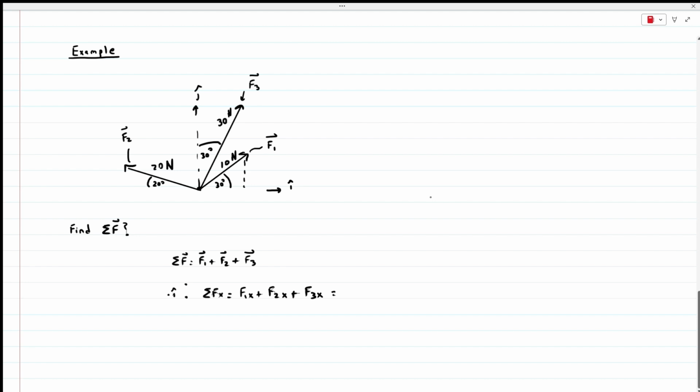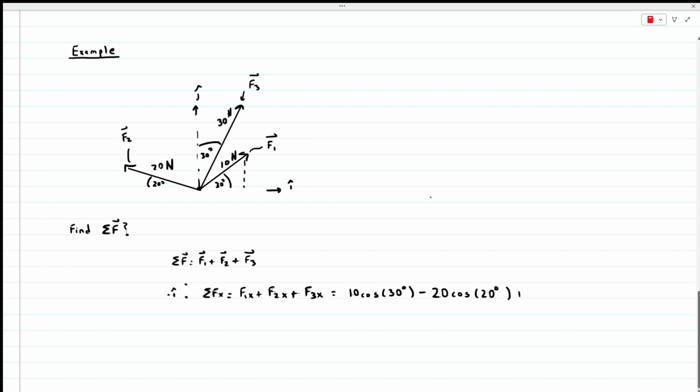F1x is the component of F1 pointing in the x direction, which is 10 cosine of 30 degrees. F2x is negative since it's pointing leftward; its dot product with i hat is negative because they're pointing in generally different directions. It's negative 20 cosine of 20 degrees.